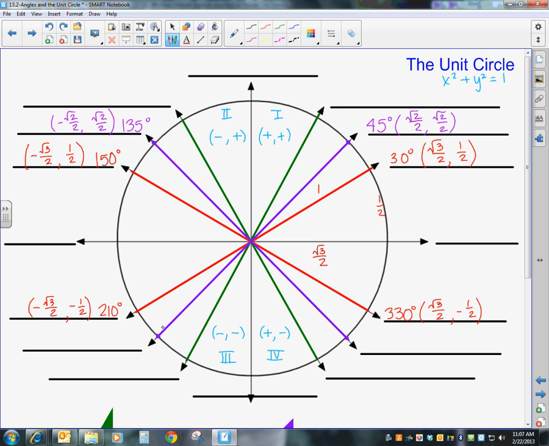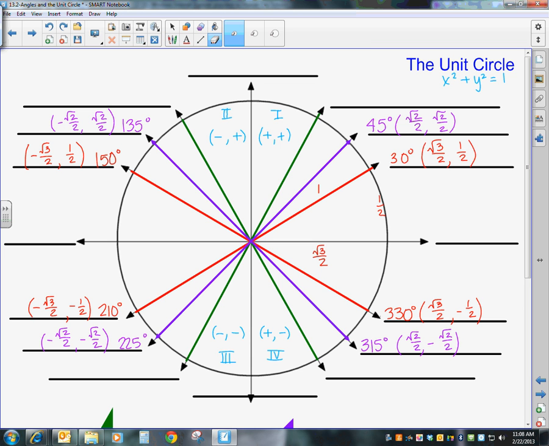Down to the third quadrant, 45 degrees after 180 is 225. Both my x and my y are negative. And then in my fourth quadrant, 45 degrees before 360 is 315. And my x is back to positive, but my y is still negative.